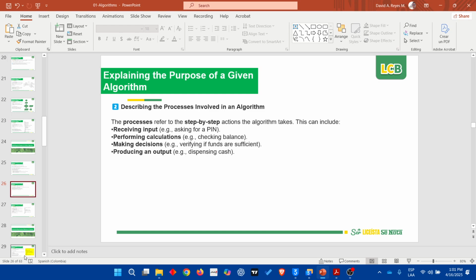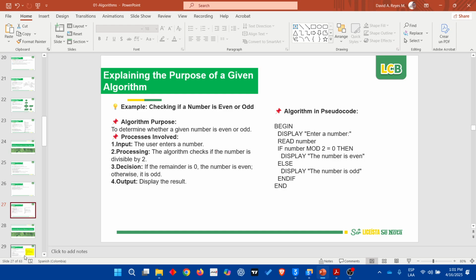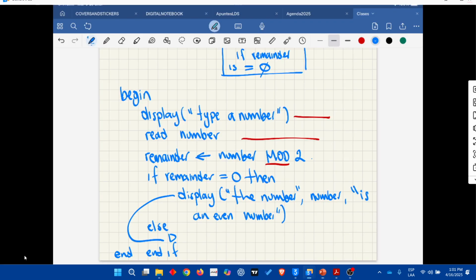I already did it. You are going to receive the input, perform the calculations, make decisions, and produce the output. So we already did it here. This is the example.